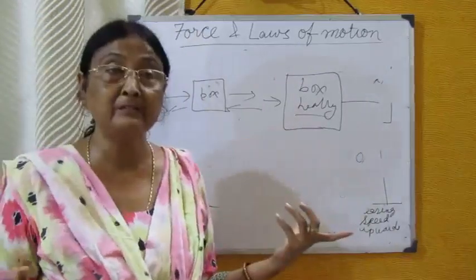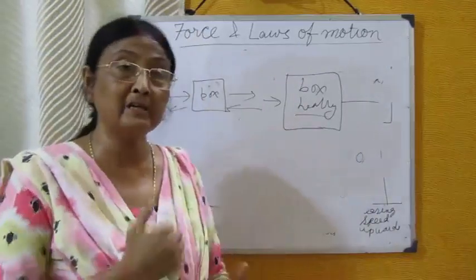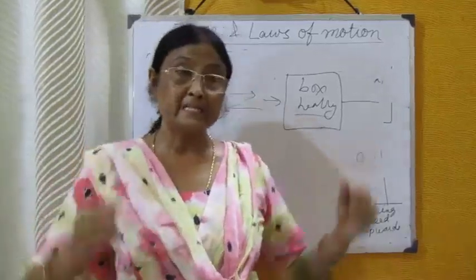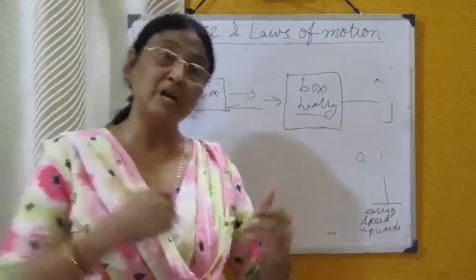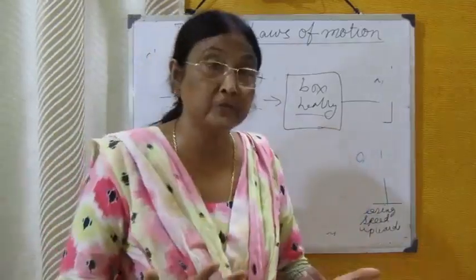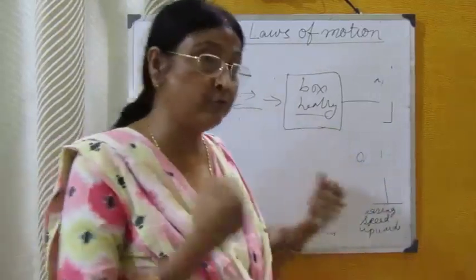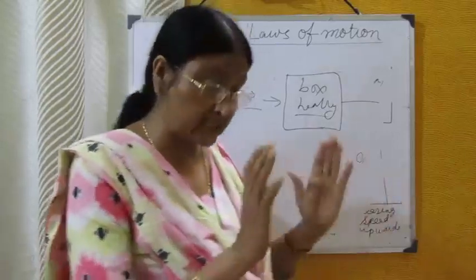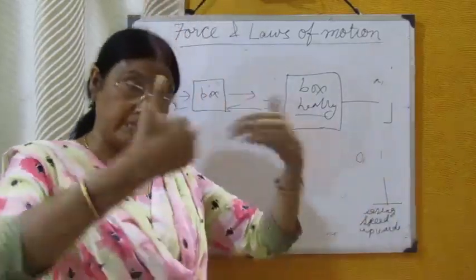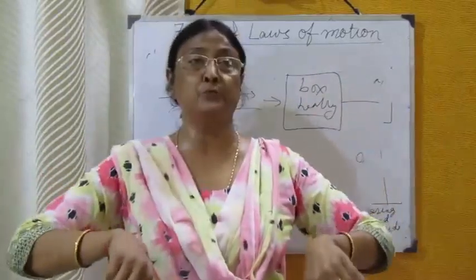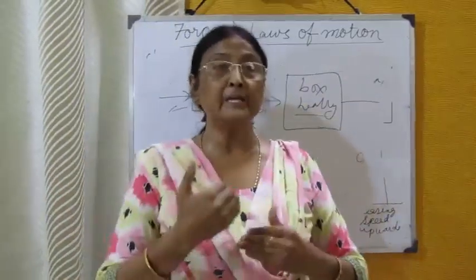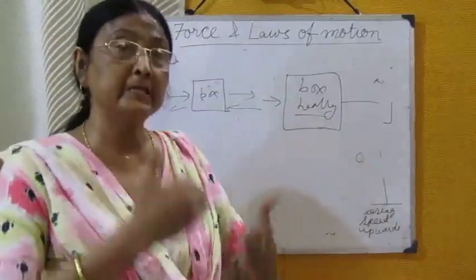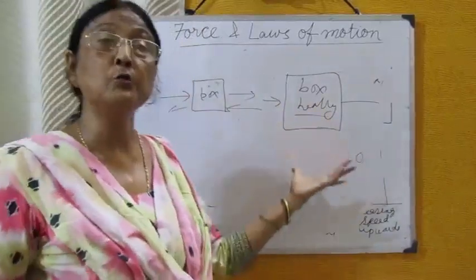Because the man is much heavier than the little kid. His opposing force at rest is much more than my strength. My applied force tries to change his state from rest to motion, but his inertia, his opposing force, opposes my force so that the state does not change. So as the mass increases, the inertia also increases.